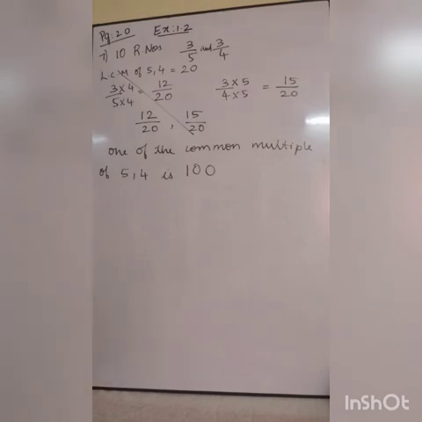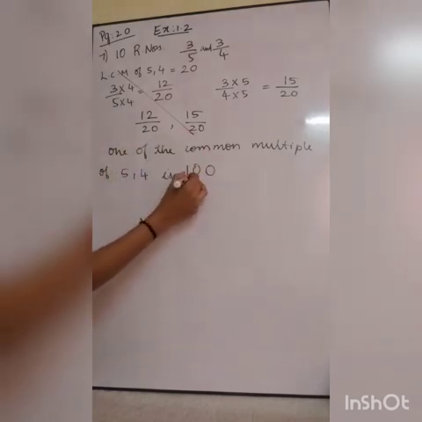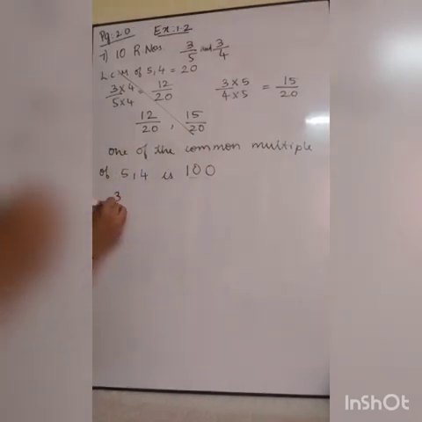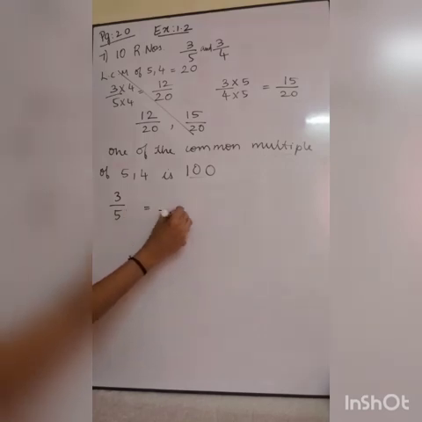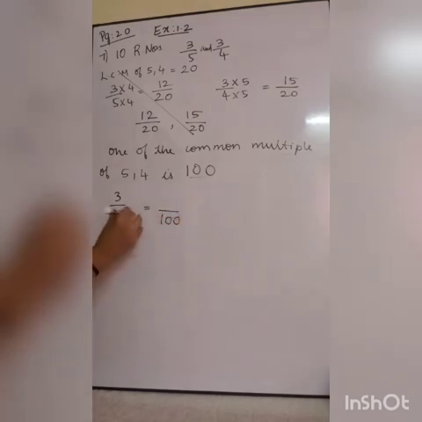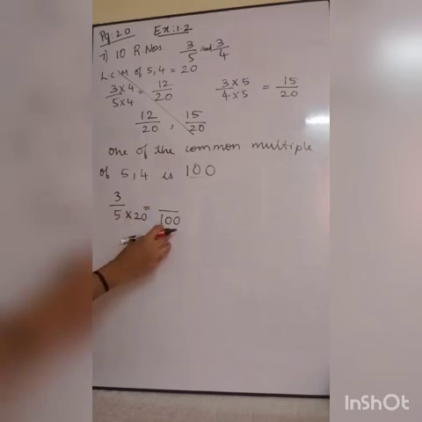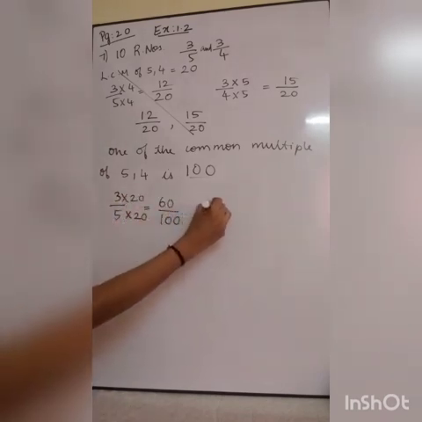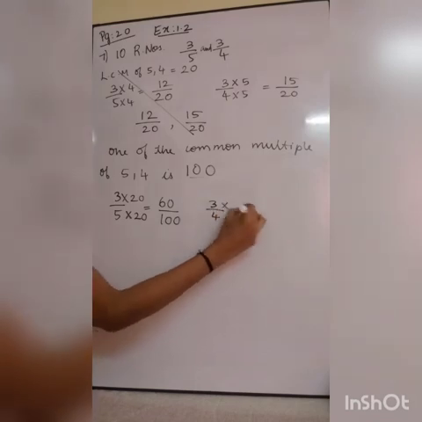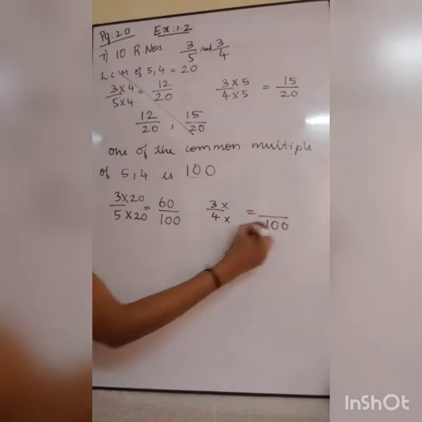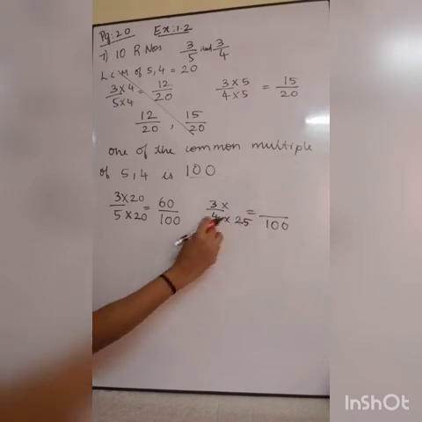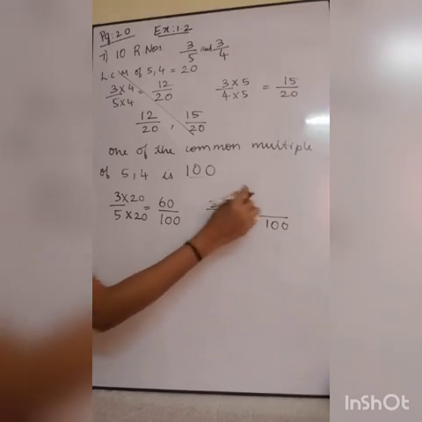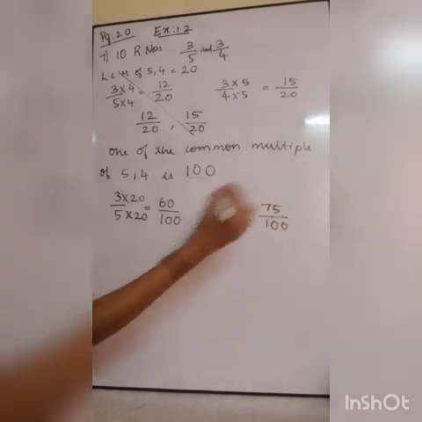Now let us make the denominator 100. For 3 by 5, 20 times 5 is 100, so 20 times 3 is 60. For 3 by 4, 25 times 4 is 100, so 25 times 3 is 75.